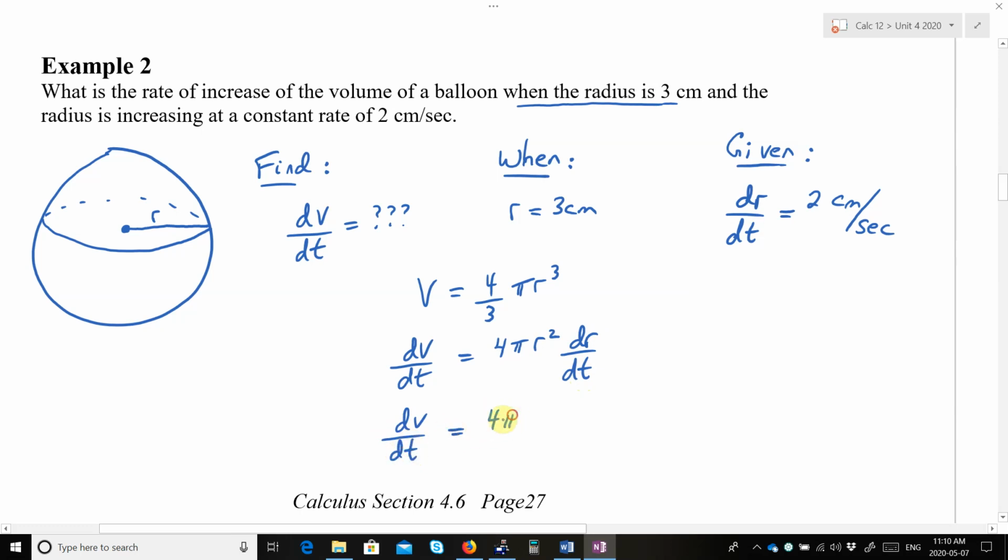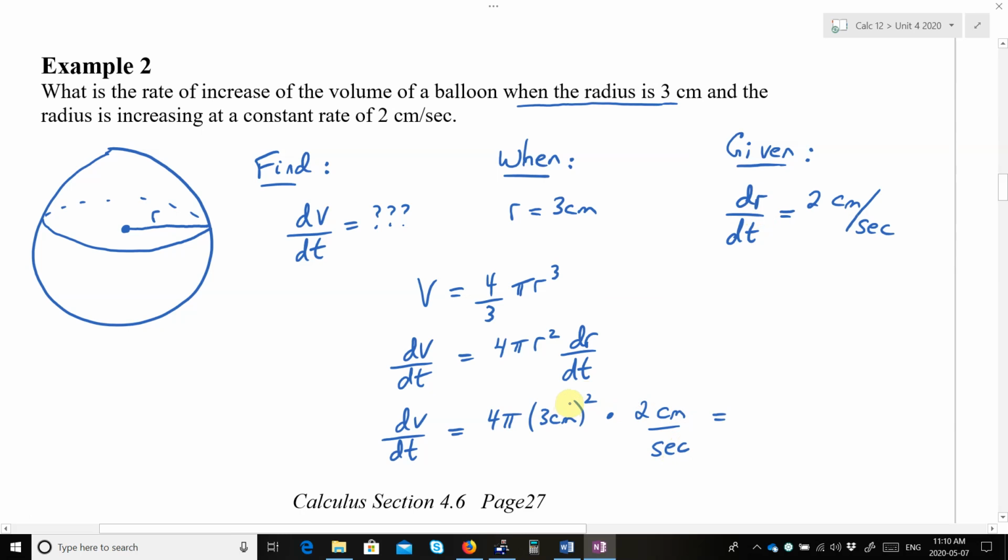And so you go 4 pi. We want it at the instant that the r hits 3 centimeters, so that goes in for r. And we know that the radius is changing with respect to time by 2 centimeters per second. Okay?